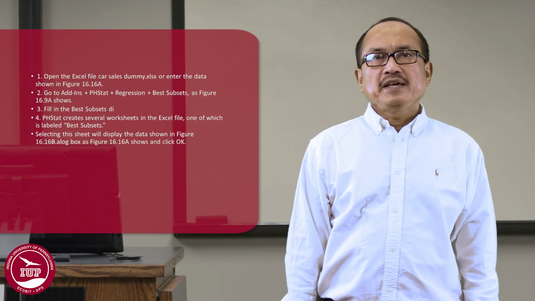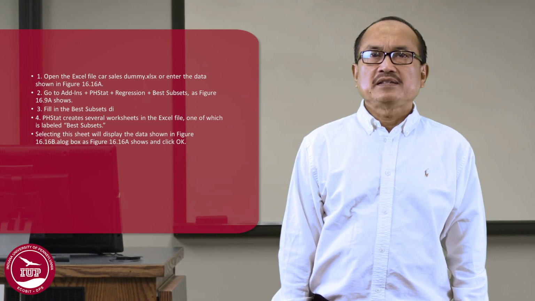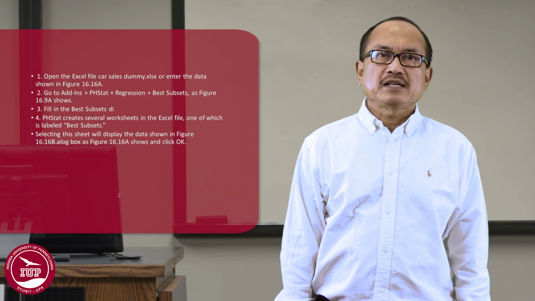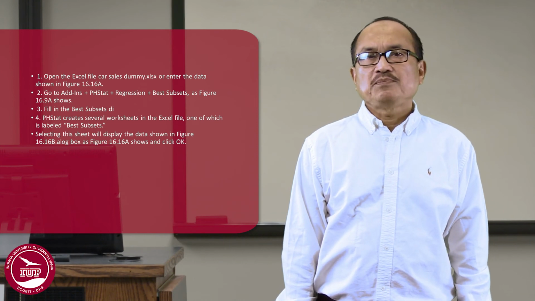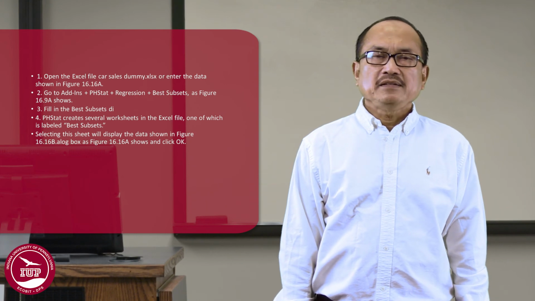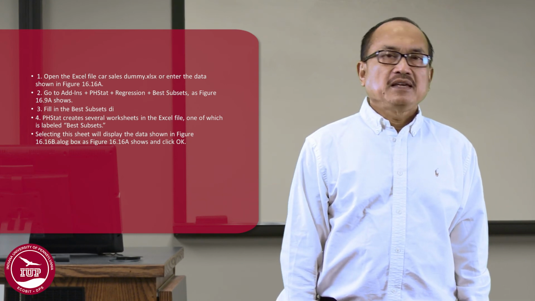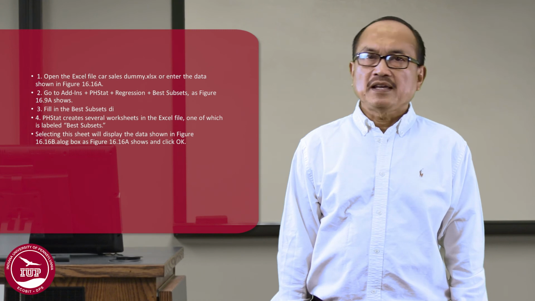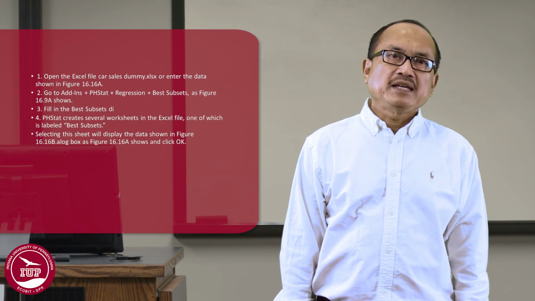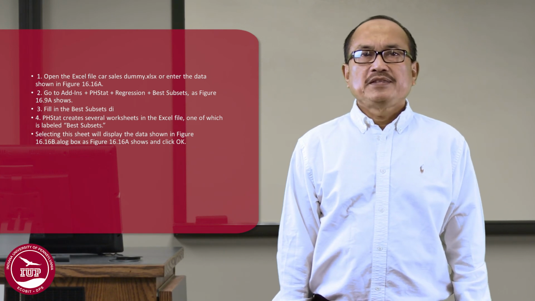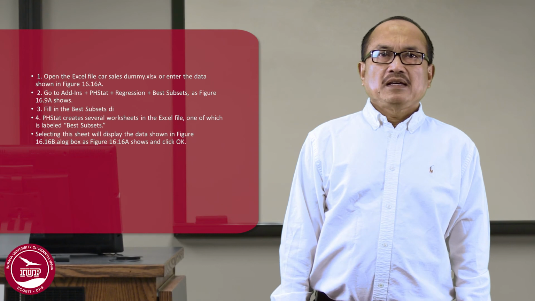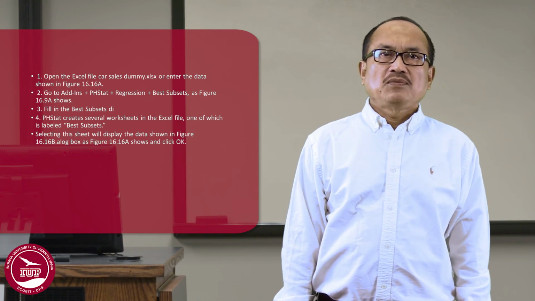First, open the Excel file carsalesdummy.xlsx or enter the data shown in figure 16.16a. 2. Go to Add-ins, select PHStat, select regression, and select best subset as figure 16.9a shows. 3. Fill in the best subset dialog box as figure 16.16a shows and click OK. 4.